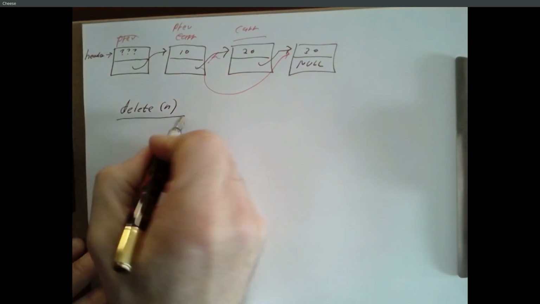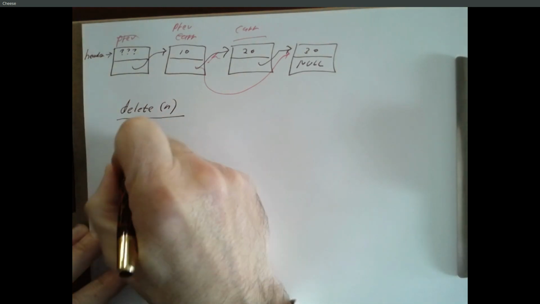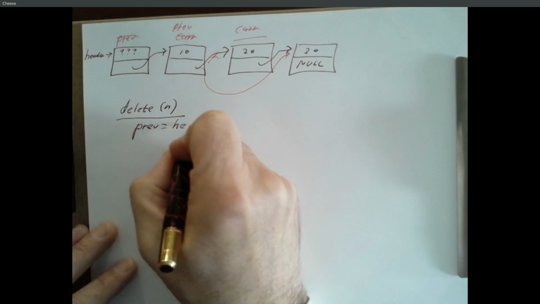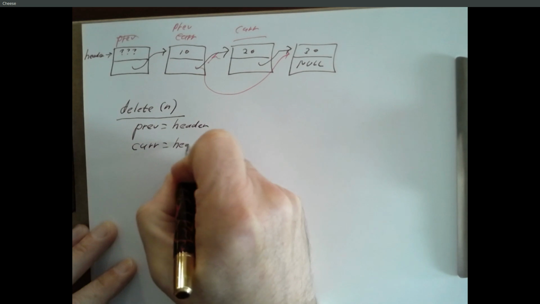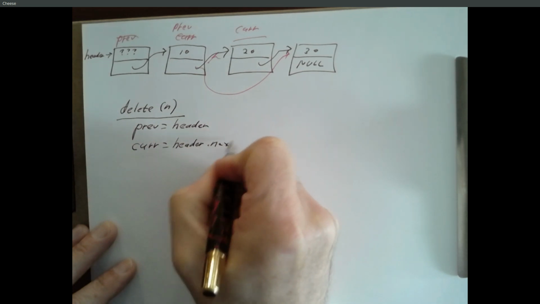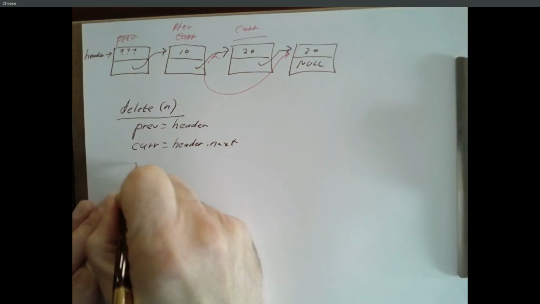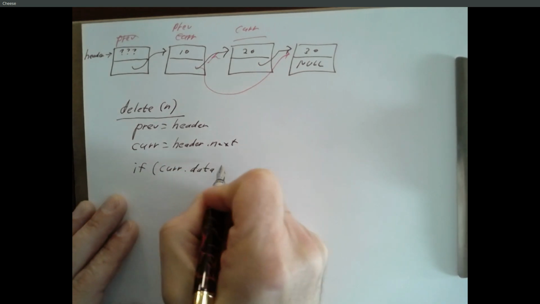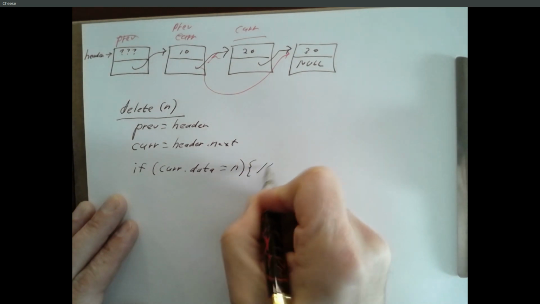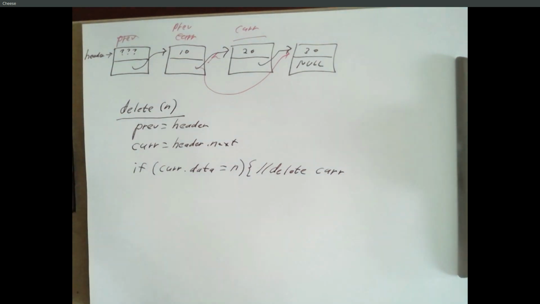So if you have that picture in mind and that modification to the picture in mind, the code kind of writes itself. So previous equals header, and current equals header.next. And then if current.data is equal to n, then we want to delete the current node.